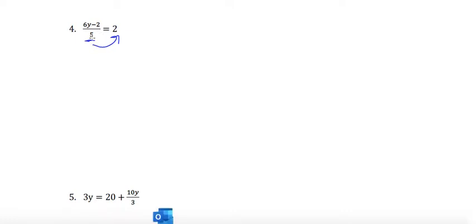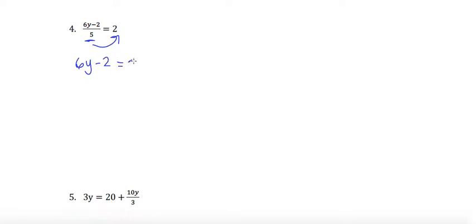Another strategy to make your solutions a little bit more efficient is to simply show that you're moving this 5 over, or just showing that you're multiplying it by the 5 times 2. We already know it's going to be eliminated when we do it on the left-hand side, so we can just show that work on the right-hand side. So we are left with 6y minus 2 on the left-hand side, because we're getting rid of this 5 on that side.